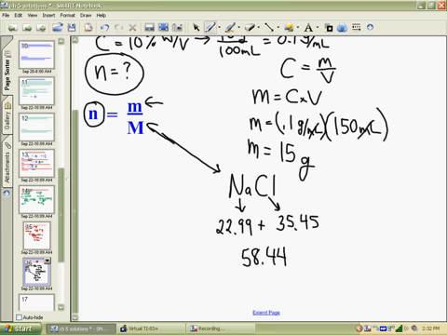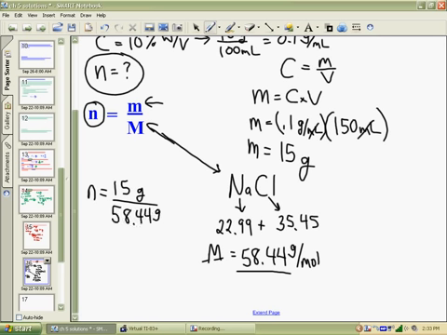That means if you were to assemble 1 mole of salt molecules, it would have a mass of 58.44 grams. So we are now ready to figure out how many moles of salt you have when you have 15 grams. 15 grams of salt, divided by 58.44 grams for each mole, would let us determine how many moles we have. So we need to take 15 divided by 58.44.